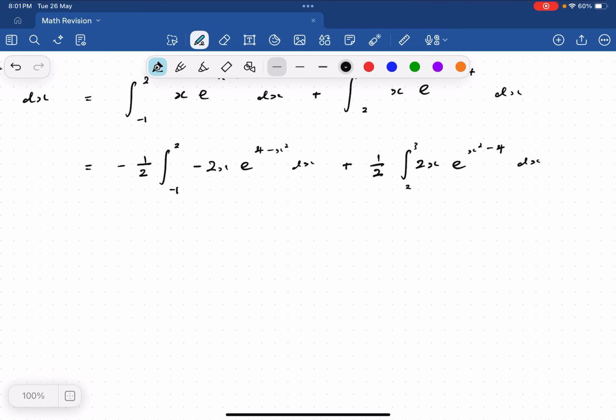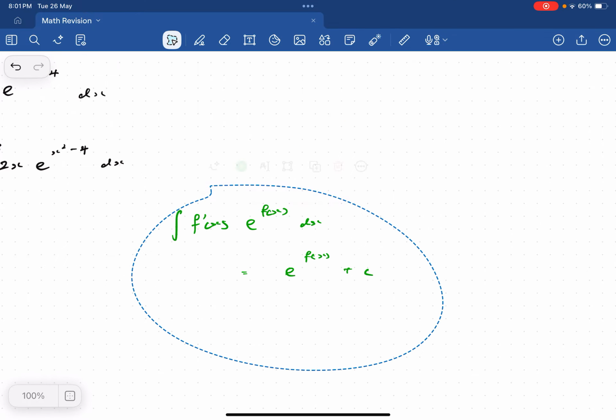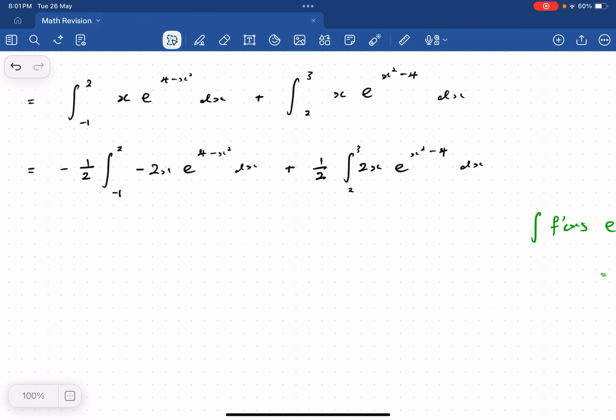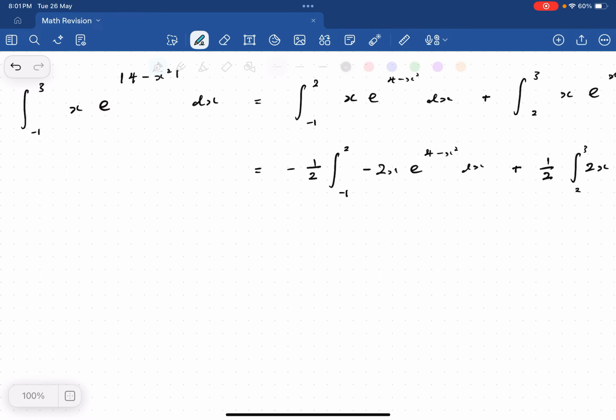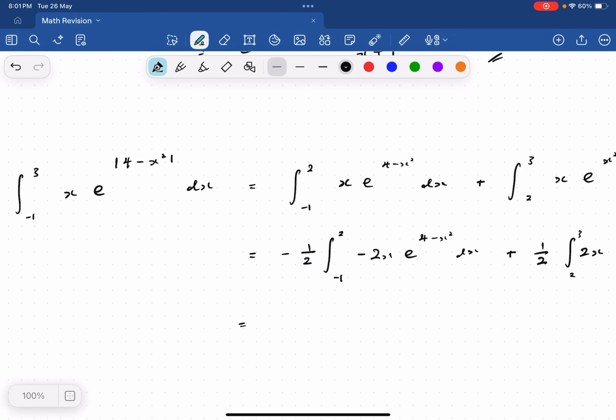So from here I can use the standard form already to integrate. I think I'll bring this a bit closer. This is the standard form that I want you to use. And if I use this particular standard form that I've written in green, I can express this one as minus half e^(f x) plus C, but there's no plus C here because it's a definite integral.